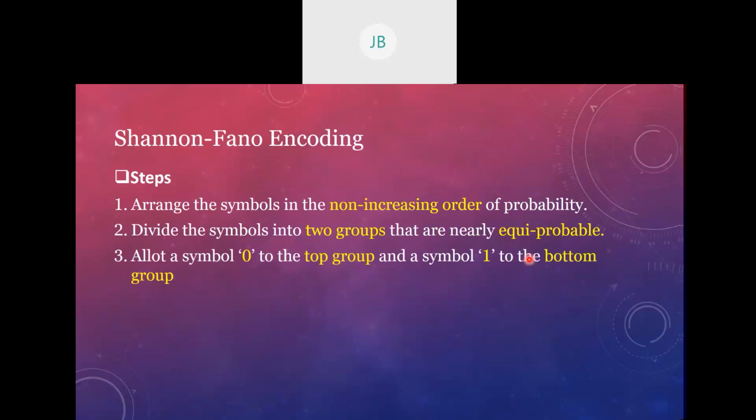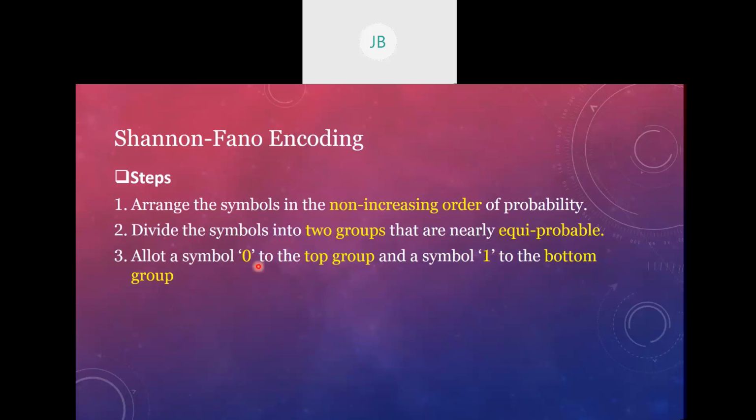Then in the third step, as we have already distributed all the messages between two groups, the first group will be assigned a 0. That's the top group. And the second group, the bottom group, will be assigned a 1.